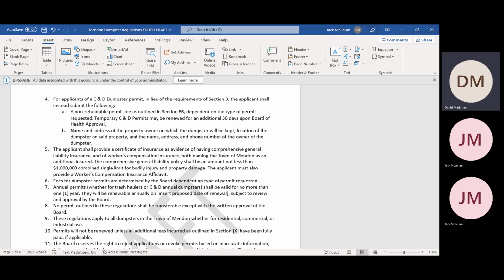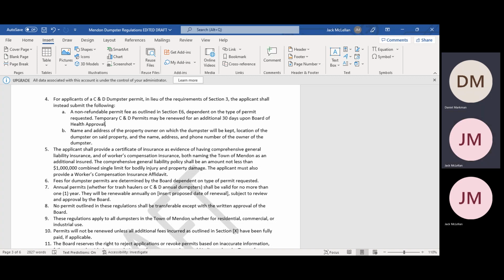So if somebody wanted to do just construction debris hauling, they would get the quote unquote annual permit. They'll still be renting out dumpsters for brief periods of time. It's hard to explain, and I think I'm doing a bad job of it.